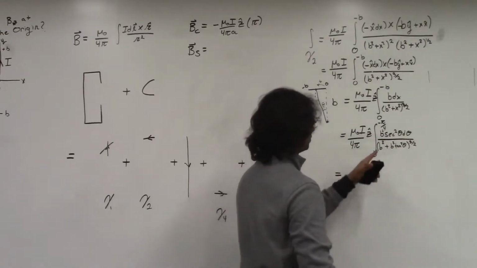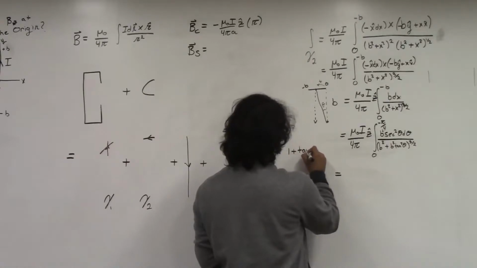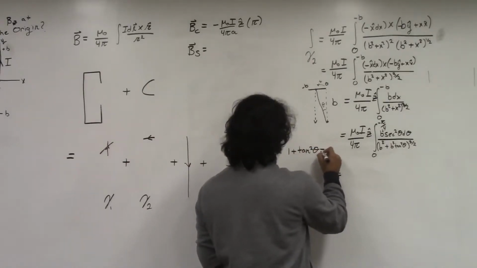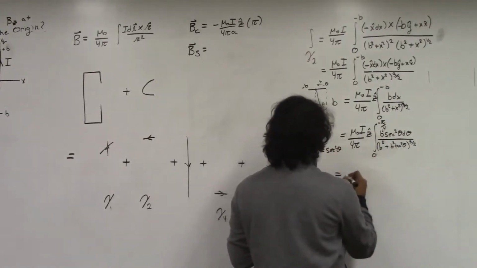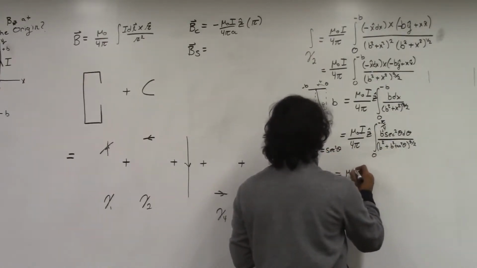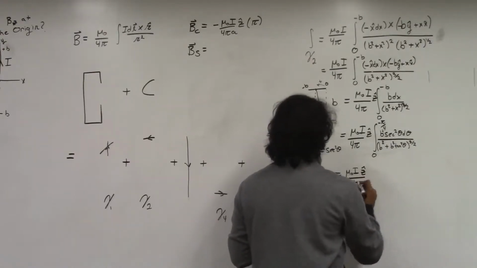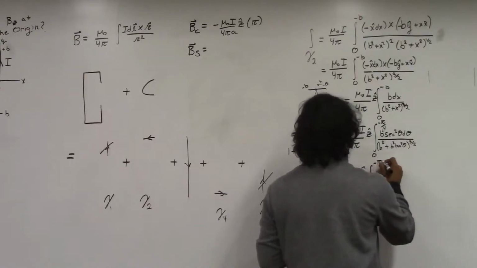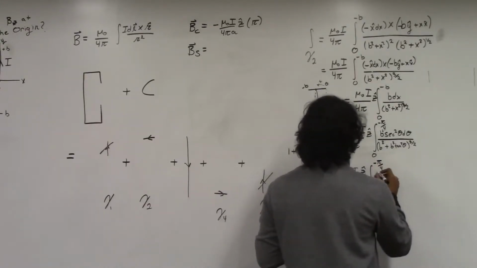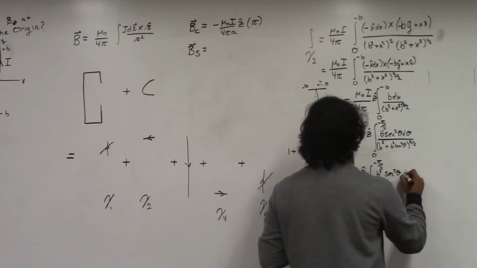And we'll have to use a trig identity which states that 1 plus tangent squared theta is secant squared theta. Plugging these in, mu naught I z hat over 4 pi, integral 0 to minus pi over 4, b squared secant squared theta d theta.